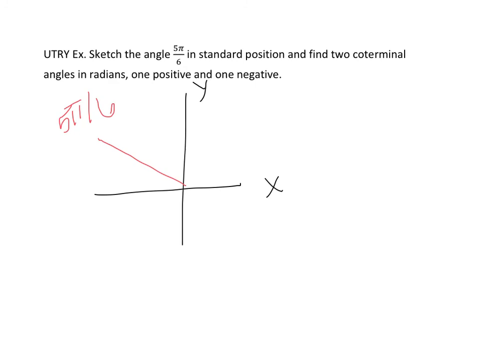Coterminal, add and subtract 2 pi. So now I've got 5 pi over 6 adding 2 pi. We need common denominators. So if I need a denominator of 6, I need to multiply by 6, which would be 12 pi. So now 5 pi plus 12 pi gives me 17 pi over 6.